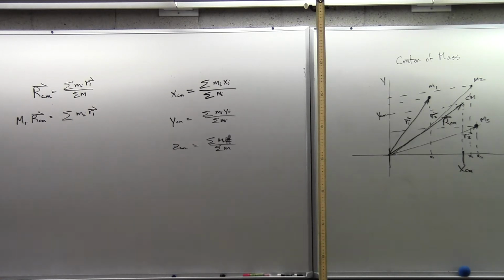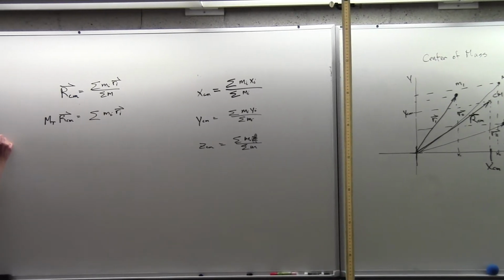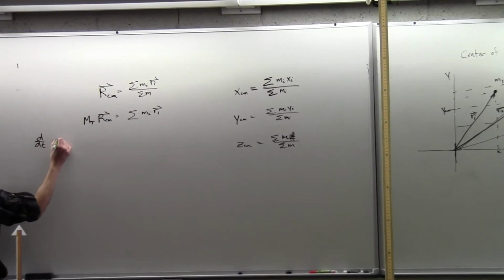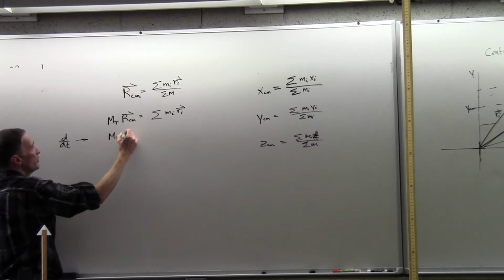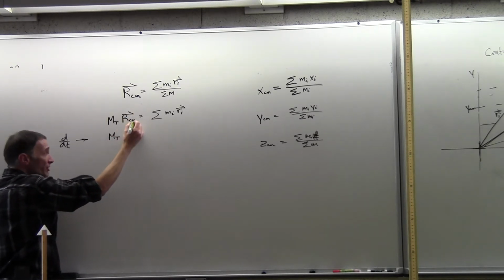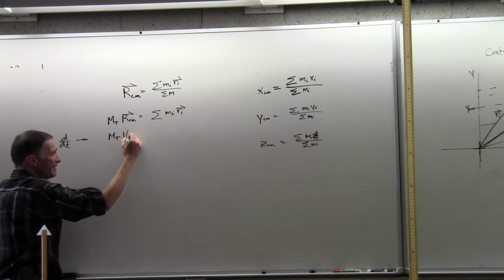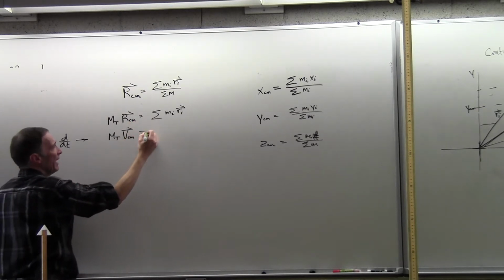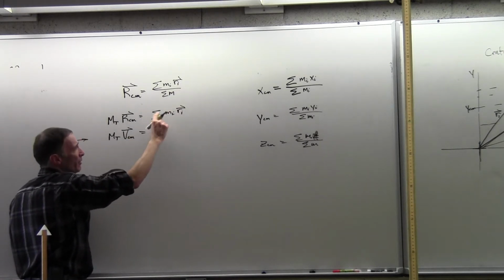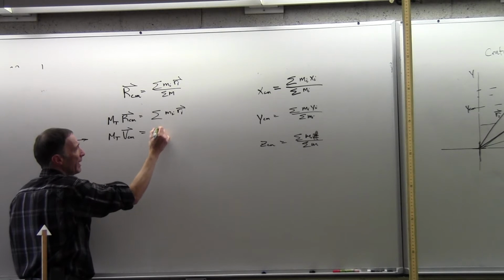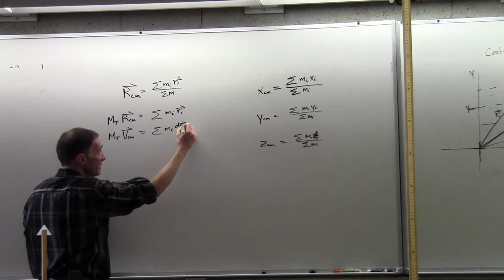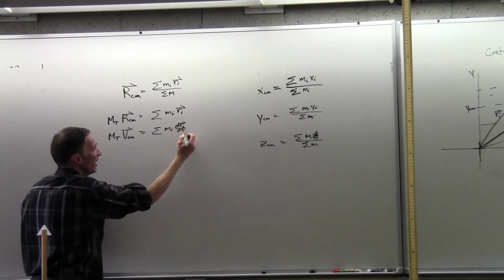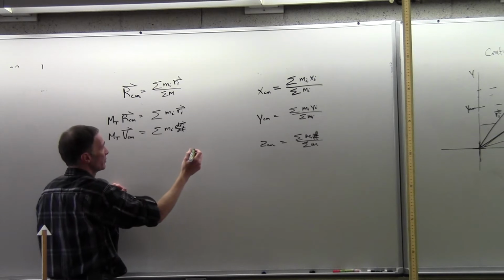The physics behind this is good in that if I take the derivative of this with respect to time, the total mass doesn't change, but the derivative of the position vector of the center of mass will be the velocity of the center of mass. And when I take the derivative inside here, the masses don't change, but I'll end up with the individual masses times the derivative of the position vector as a function of time. That should be the velocity vector.